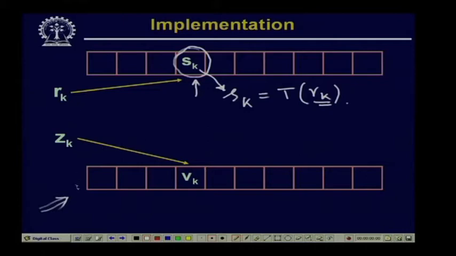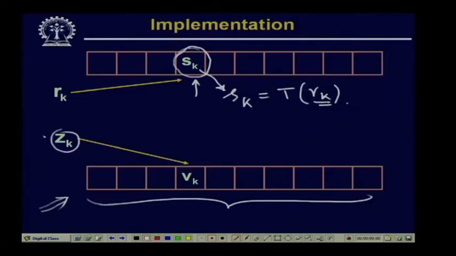But the matter is not so simple when we go for the inverse transformation. For the inverse transformation, we have to find out a location in this second array, that is, we have to find out the value of z_k where the element is equal to s_k. So, this is what we have to do.